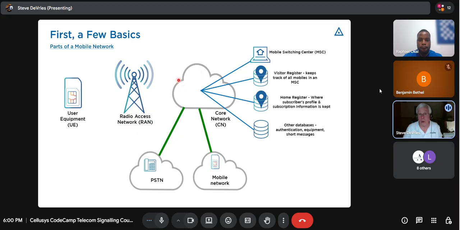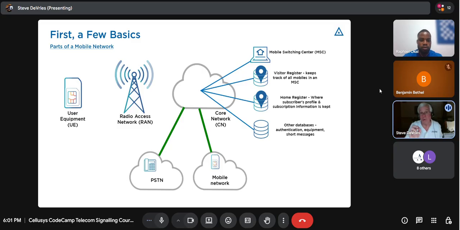The core network has to communicate with the wireline network called the public switched telephone network. It also has to communicate with other mobile networks, so you can call your friend. If you're on MTN Ghana and your other friend is on Vodafone, you need to talk to them. So they communicate with each other.